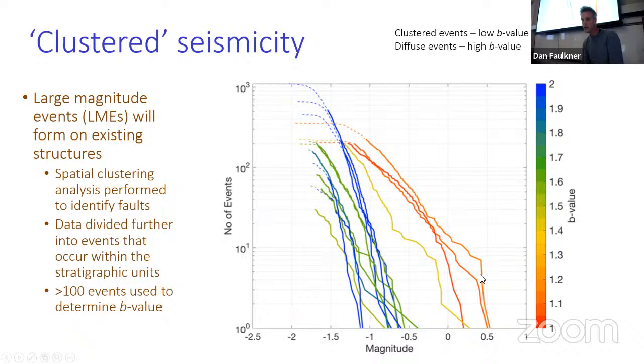They're associated with B values around 1, which tells us that we've got quite a few large events relative to small events, which you'd expect for faults. All of the other ones, the clouds of seismicity, have very high B values, which tells you you've got lots of small events but not very many big events, which is what you'd expect if you don't have any pre-existing faults.